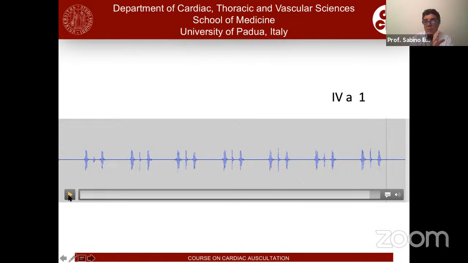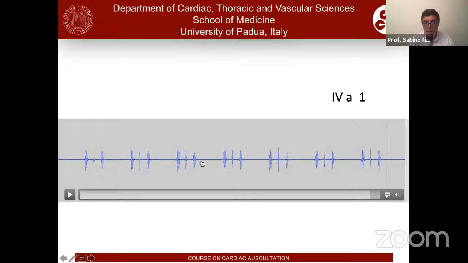Was it heard? Now you can appreciate, dear colleagues, we have the first sound, the second sound, and in the middle, the click. And then we have empty diastole. And the equilibrium, I would call it, between the length of systole and length of diastole allows us to understand that this is the second sound and this is the click.